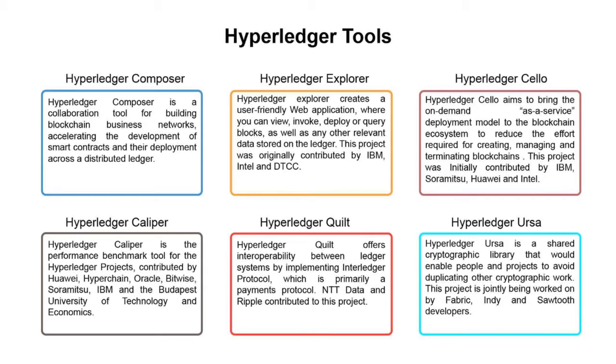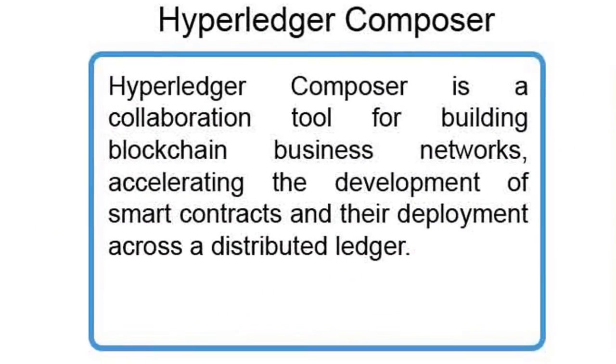They provide you much more capabilities and functionalities which you can utilize to build on top of your frameworks. There are some of the major tools which could help you to build your complete network within the Hyperledger umbrella suite. Some of the most prominent tool sets are Hyperledger Composer.